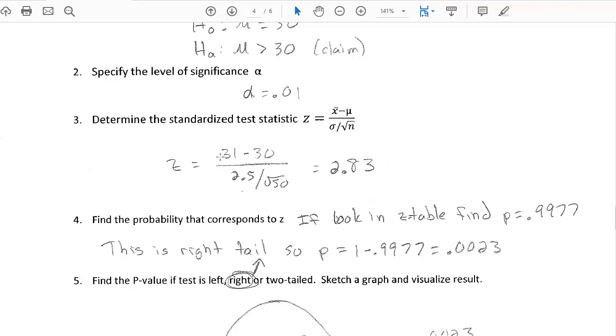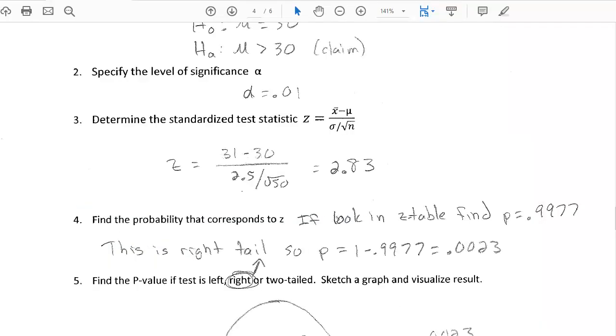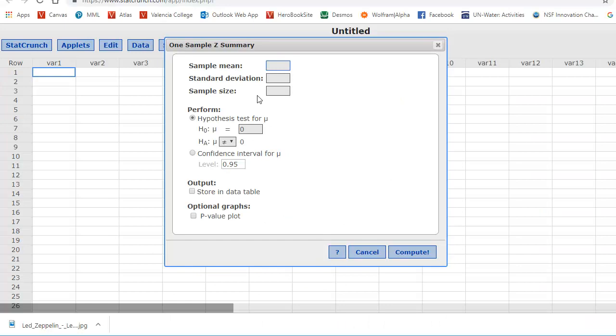I have a sample mean of 31, and the claimed population mean of 30. We don't know the sample standard deviation, so in this case I use the population standard deviation, which was 2.5.